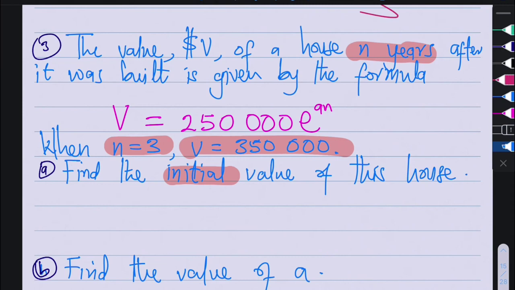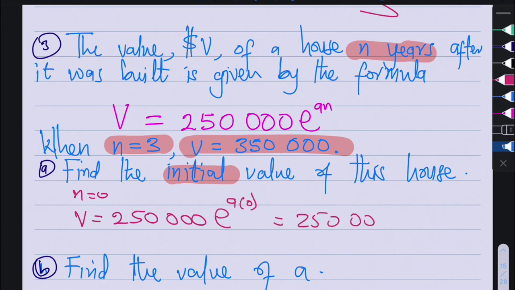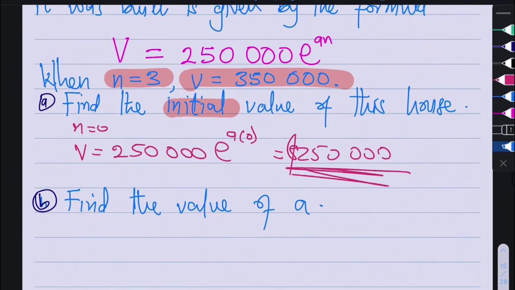So initial means from the beginning, so you haven't covered any year. So n is 0. That means a to the power 0 will become 1, and the value is 250,000. This will be the value of the house because n is 0.